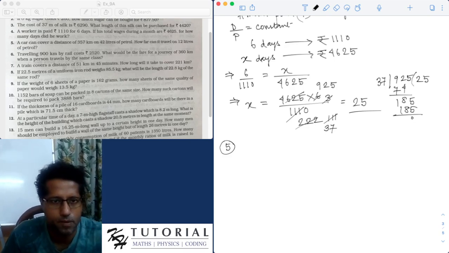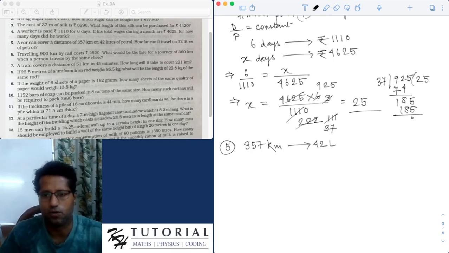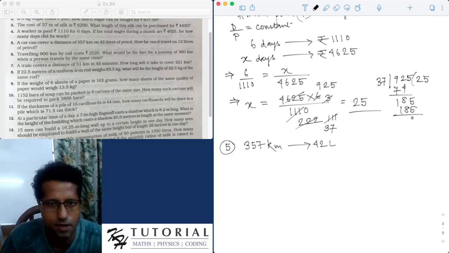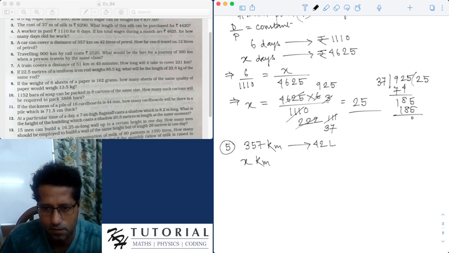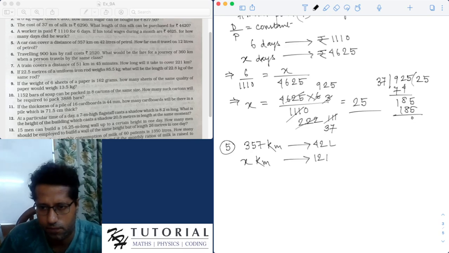Now, how far can it travel on 12 liters of petrol? Let's say x kilometer is traveled using 12 liters of petrol.